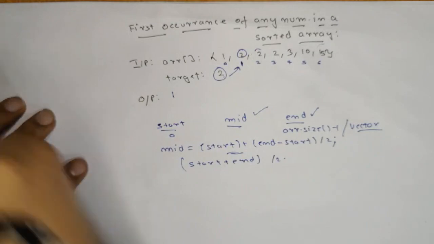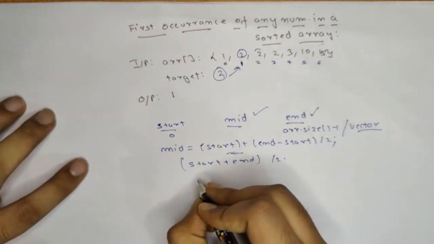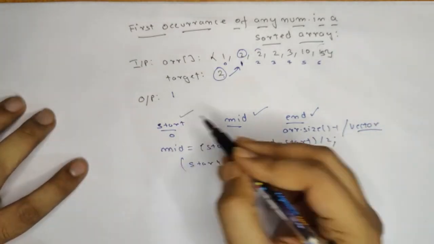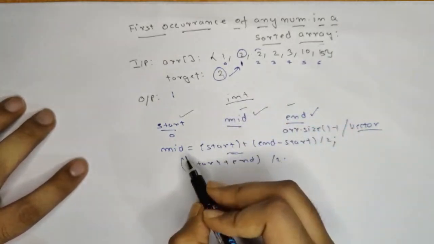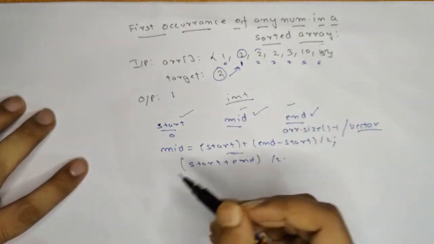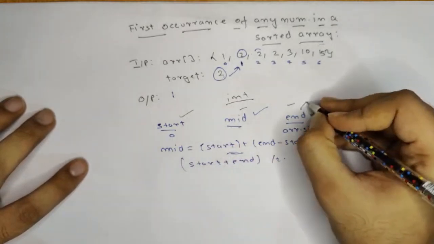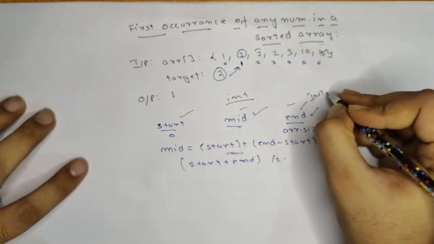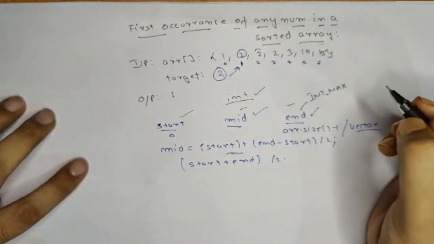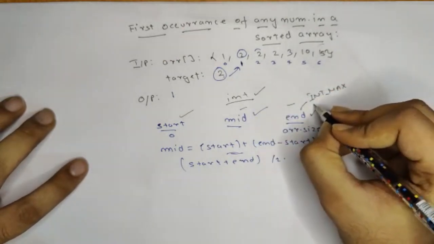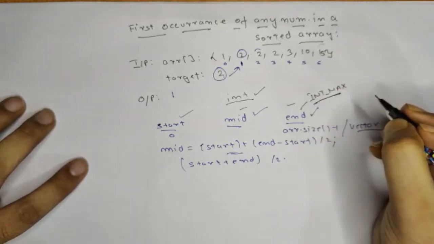But let me tell you one more time. Suppose we are declaring start and end as integer values, and suppose end is integer max. We know that the integer data type cannot store any value greater than integer max.